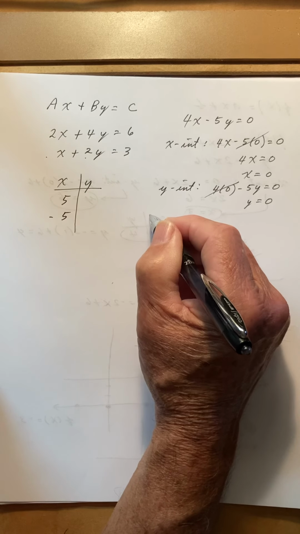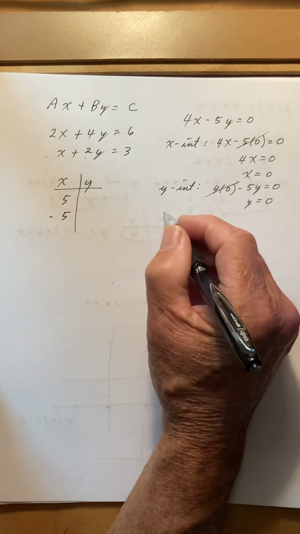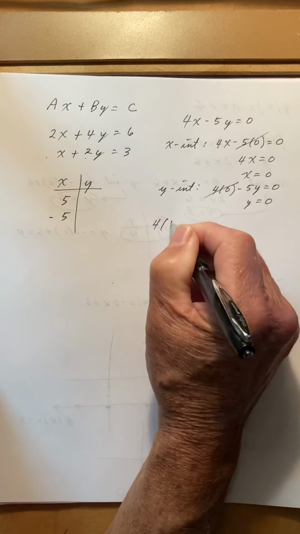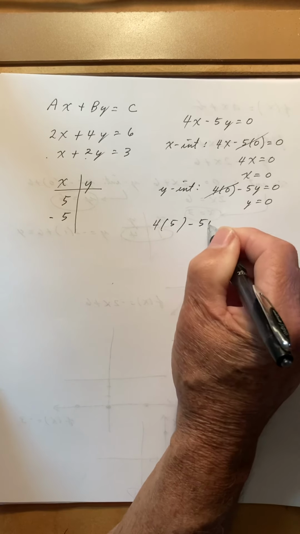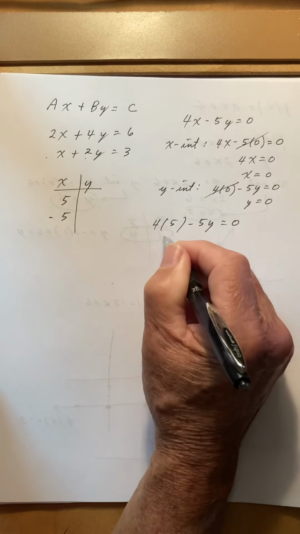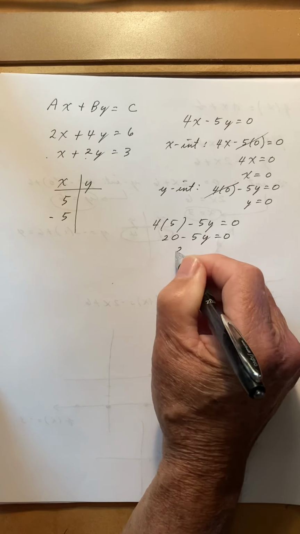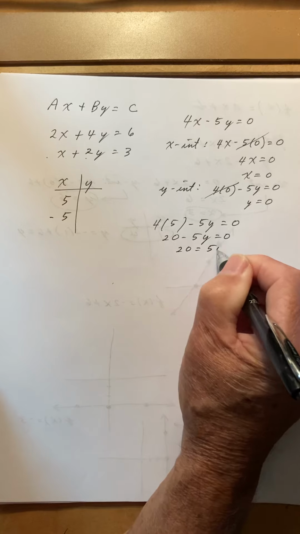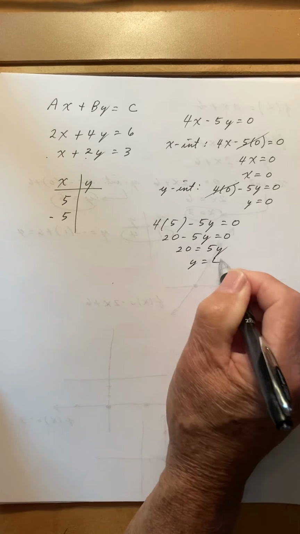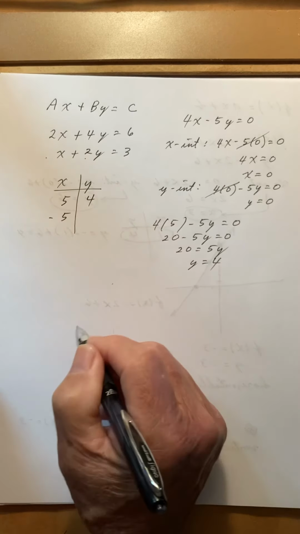If I put a 5 in to the equation for x, I get 4 times 5 minus 5y equals 0. So 20 minus 5y equals 0. 20 equals 5y, and y equals 4. So we can put a 4 right there.